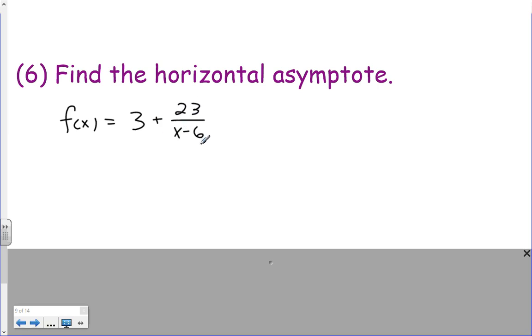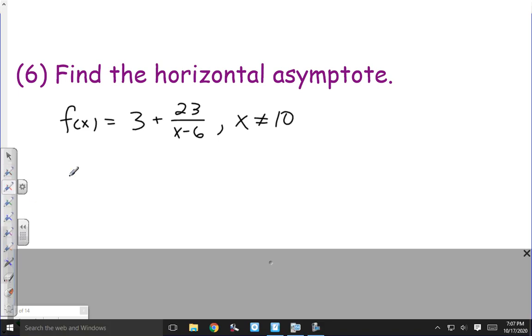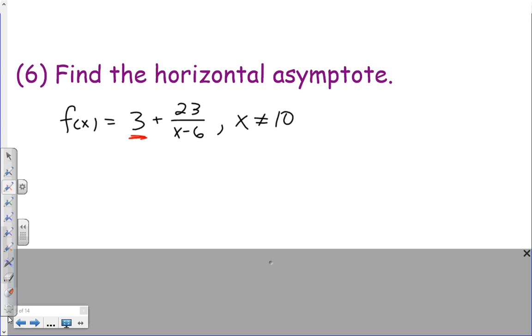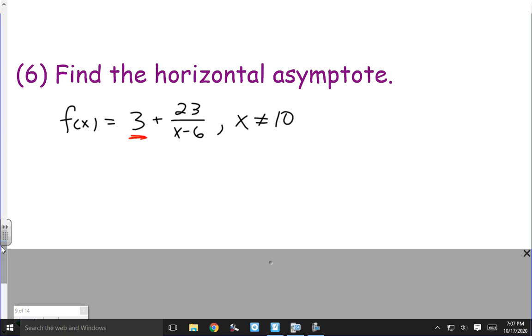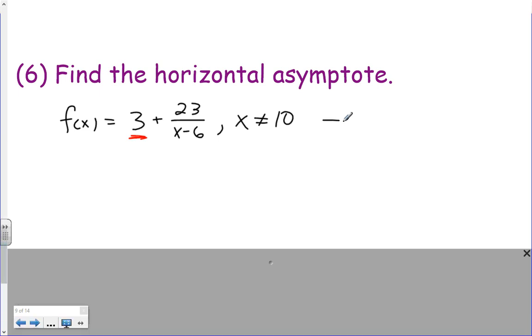And again, it's for x not equal to 10. Don't forget that domain there as you write this down, so that I don't forget that I'm not defined at 10 here. So from this, that 3, the quotient that you have out front, tells me what my horizontal asymptote is. This implies that y equals 3 is my horizontal asymptote. I'll call it HA for short for horizontal asymptote.